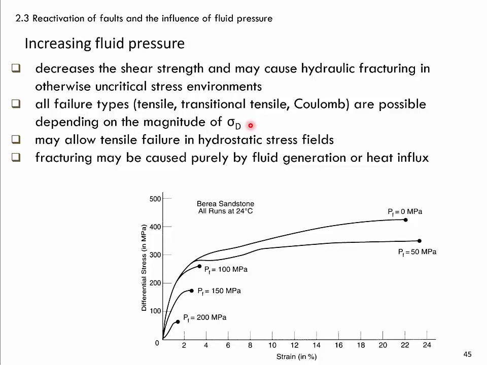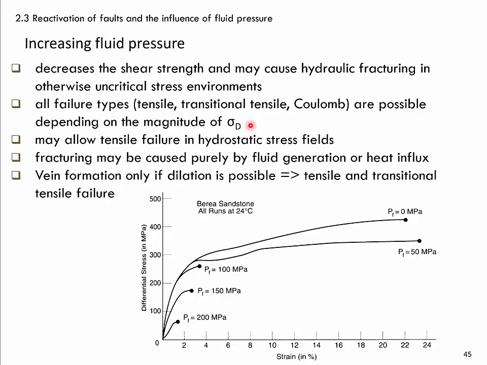And this may simply be driven by fluid generation or heat influx, or typically a combination of both. The vein formation, however, is only possible if we can dilate the fracture that forms, and that requires either tensile or transitional tensile failure.